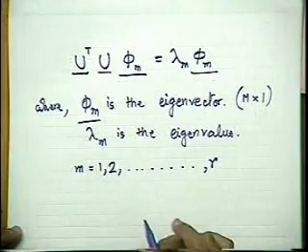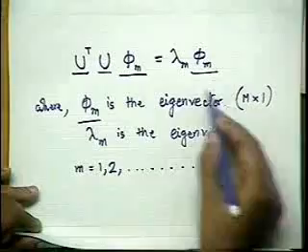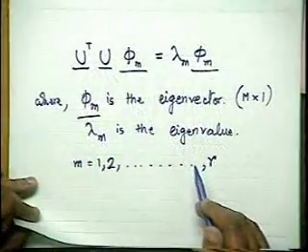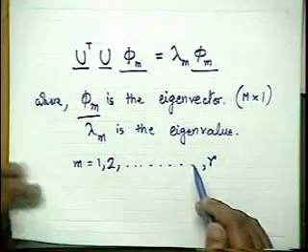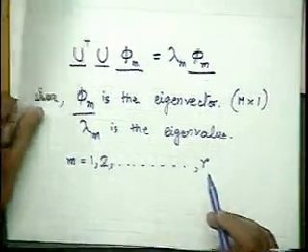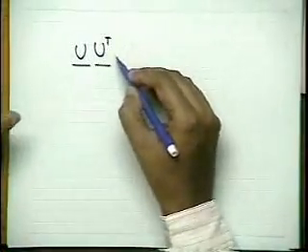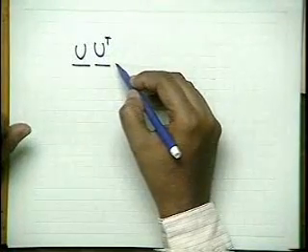Now, the same eigenvalues lambda m are going to be there for the U transpose matrix. So these are the eigenvectors for the U transpose U matrix, and now I am going to consider the matrix U transpose and its eigenvectors. So matrix U transpose, I am going to multiply this by the eigenvector.